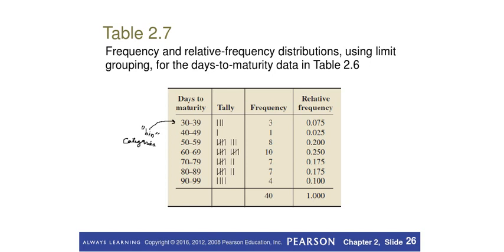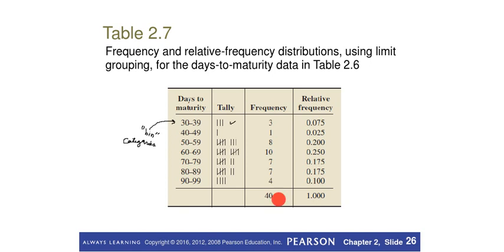So now what we do is we go through and we start counting, and we take our tallies right here. We see that there were 3 investments that had a total of 30 to 39 days. 40 to 49, there was only 1. There were 8 that had 50 to 59 days, 10 from 60 to 69 days, and down our list.